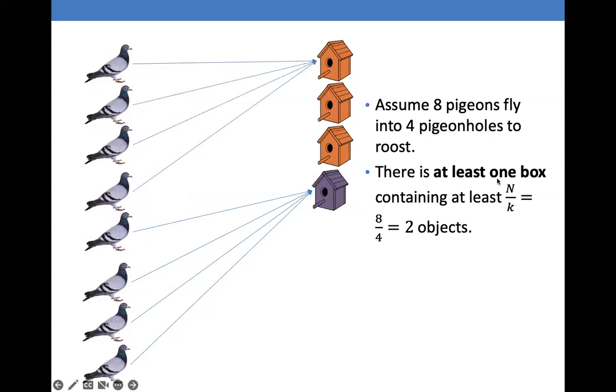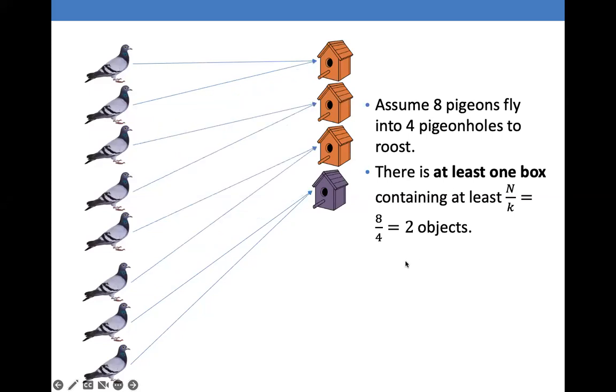So what about this? Assuming that only 2 pigeonholes are used. So we have this first pigeonhole, which has 4 pigeons, and then another pigeonhole, which has 4 pigeons. Okay, so still, this complies to this principle wherein there is at least one box that contains at least 2 objects. Okay, so what about this one?